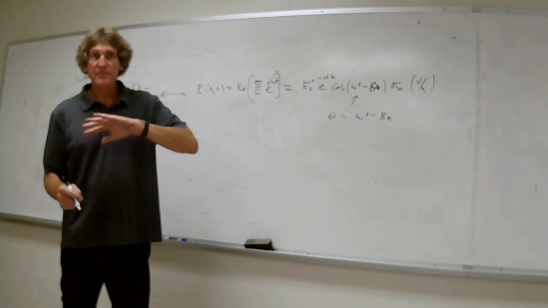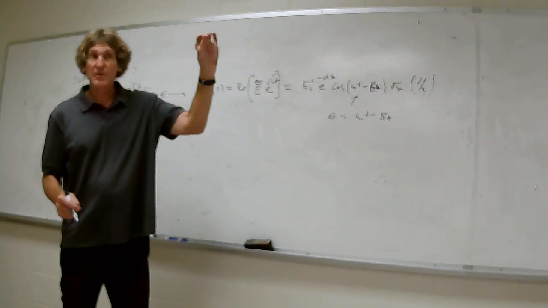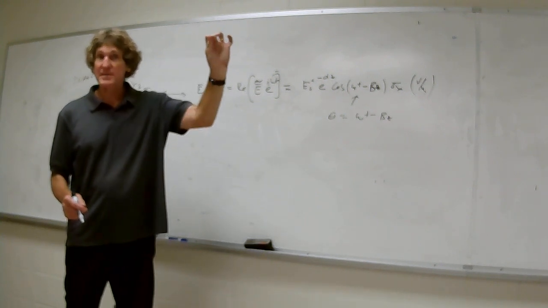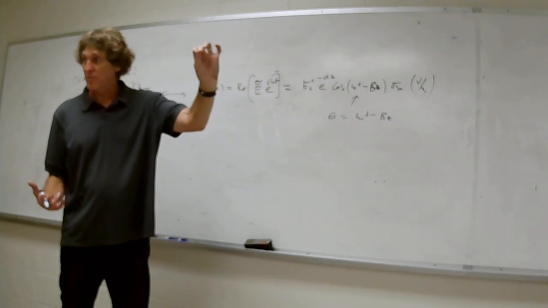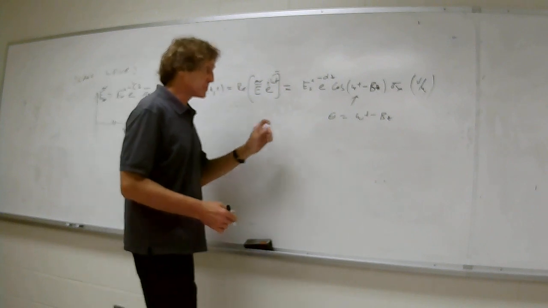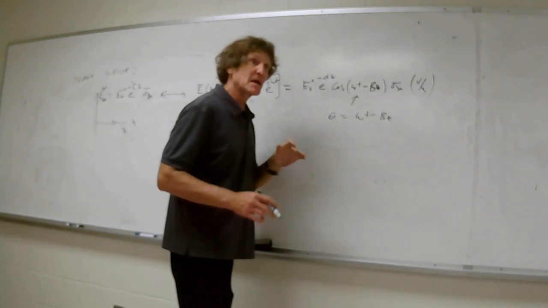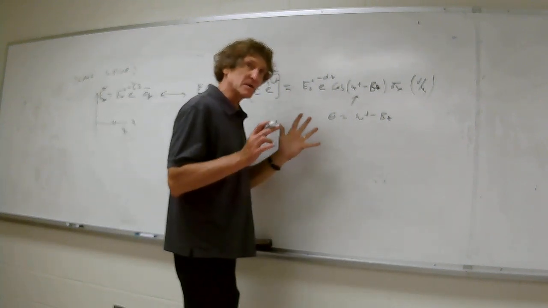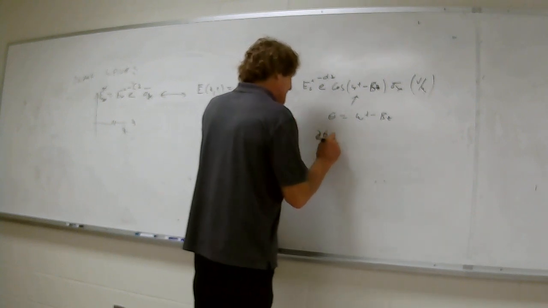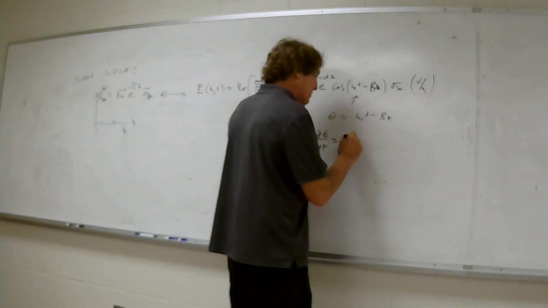Remember I said if you're a surfer at the peak of the wave, and it's moving, the phase of the peak doesn't change. So we want to figure out what velocity this constant phase is moving at.